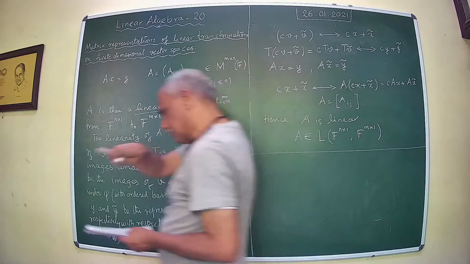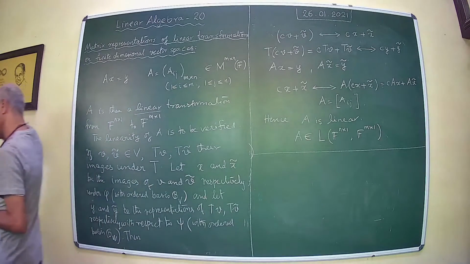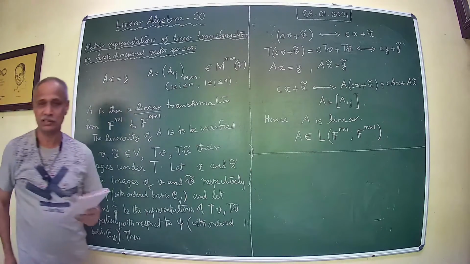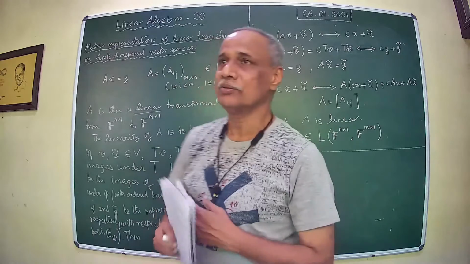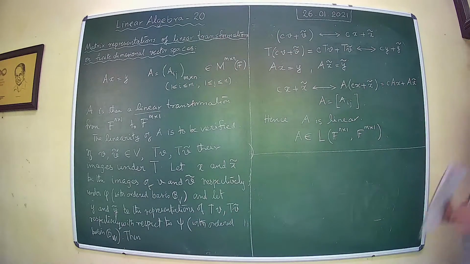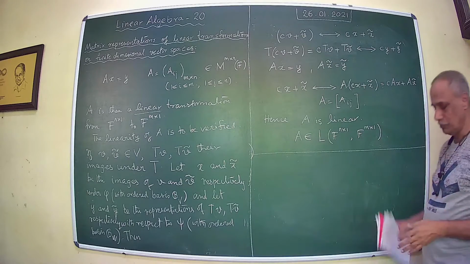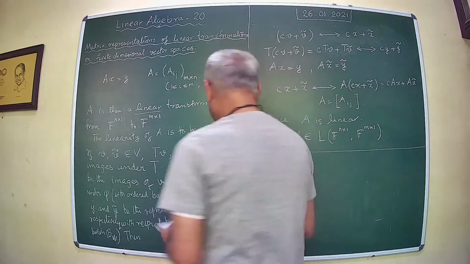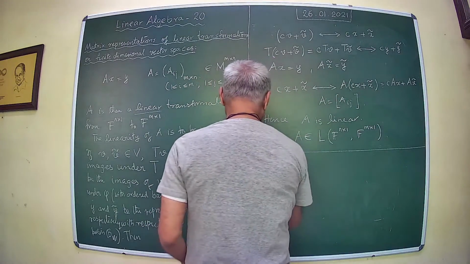So we start with a linear transformation. There is a corresponding linear transformation from Fn to Fm, or Fn cross 1 to Fm cross 1. This is the picture. Okay, so we will write down that here.